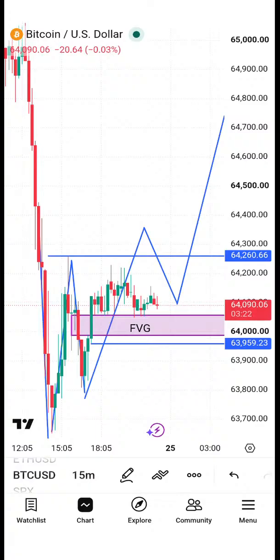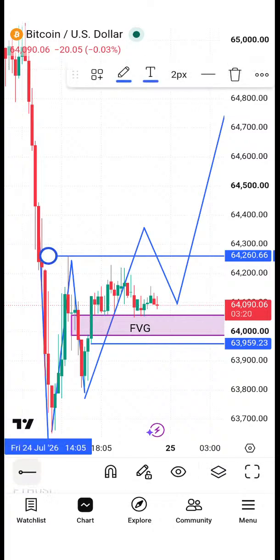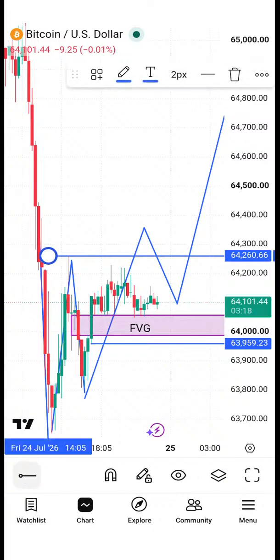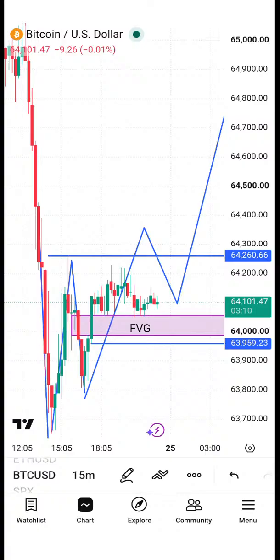Patiently waiting for a breakout above this zone.